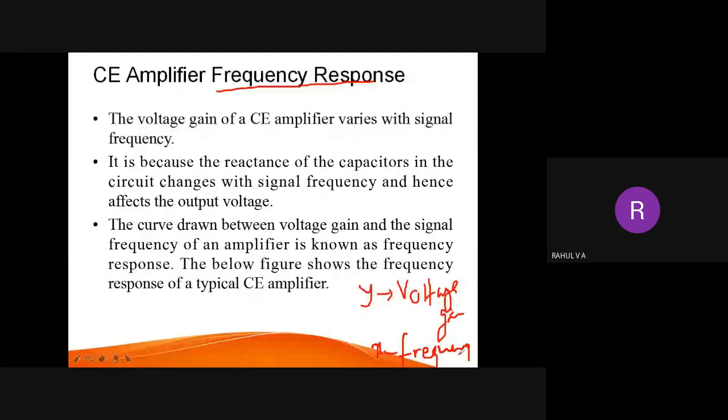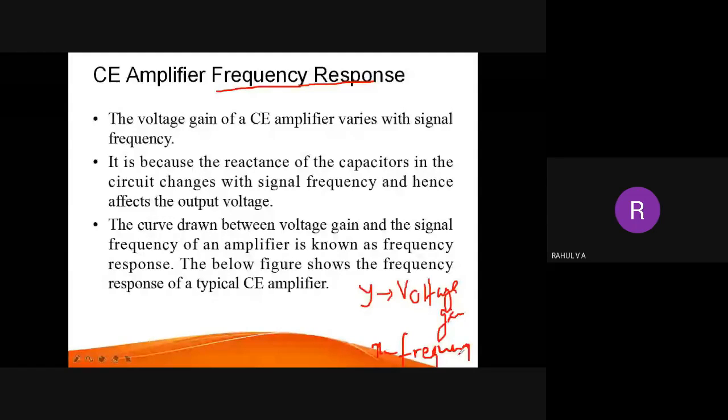For each frequency, we measure the voltage gain, and then we plot a graph with frequency on the x-axis and voltage gain on the y-axis. That curve is called frequency response.